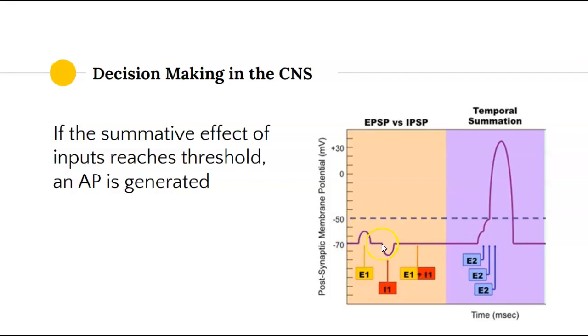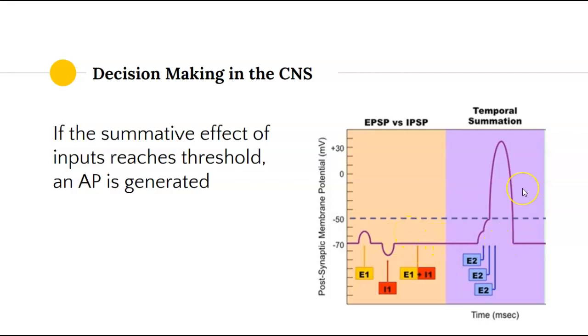Then we have an inhibitory, so we're going back down, even below resting. If you get an excitatory and an inhibitory, they usually cancel each other out. So we haven't hit the threshold. In this first part, we're not actually hitting the threshold, so we're not going to send the action potential down to the second neuron.